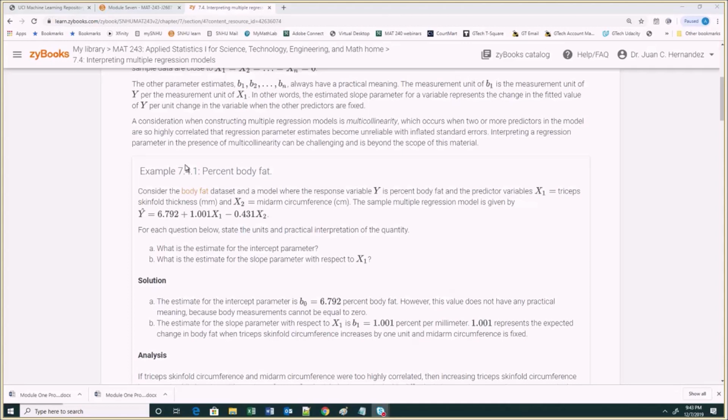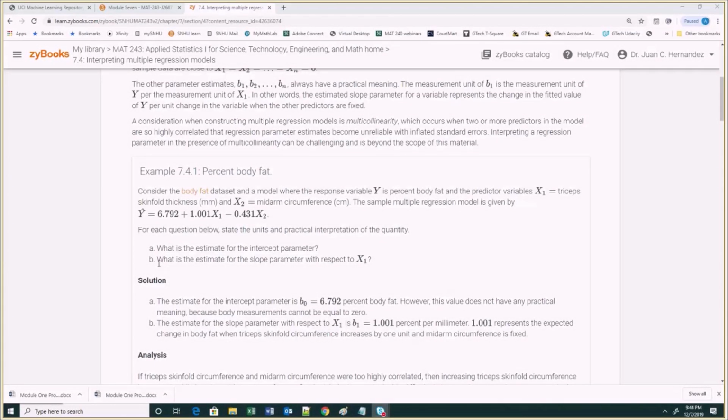Well, the issue is that body measurements x1 and x2 technically cannot be 0. And so although 6.792 here is the y-intercept when x1 and x2 are 0, practically this value does not have any meaning. In some instances it will have some meaning, but in this case it does not.